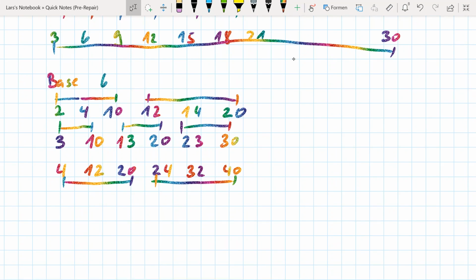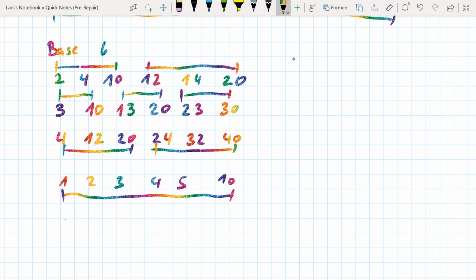Okay, maybe the most difficult is the row of 1. You get 1, 2, 3, 4, 5, and then 1 six and 0 ones. So there the pattern is only after 6 numbers.